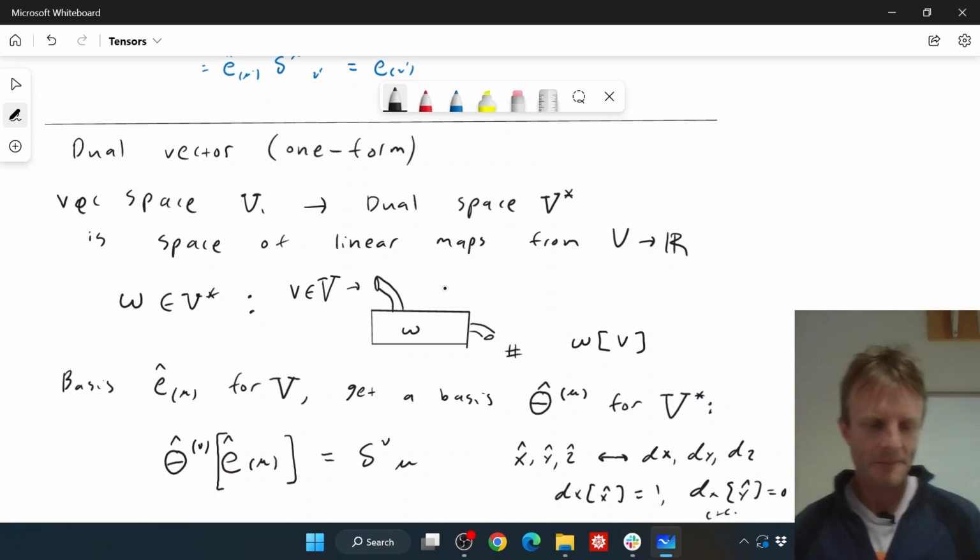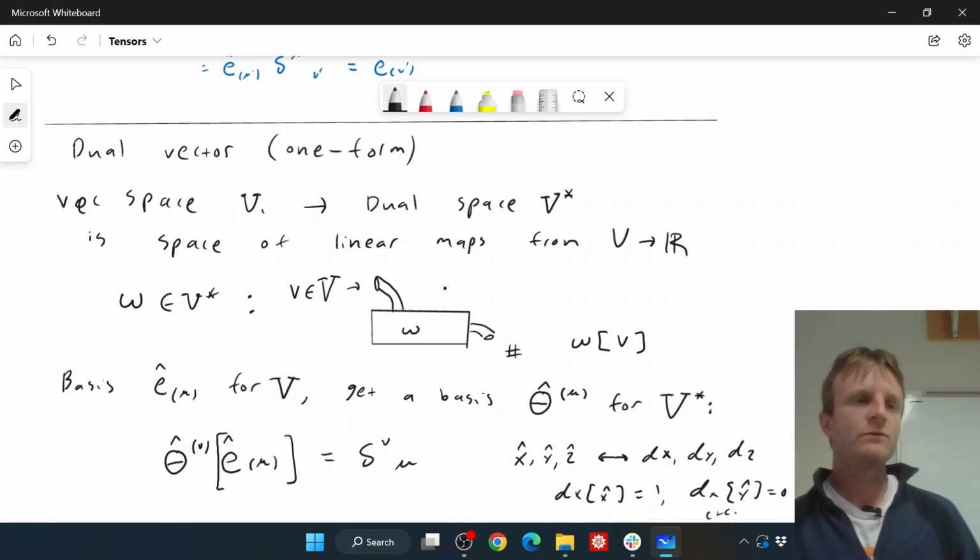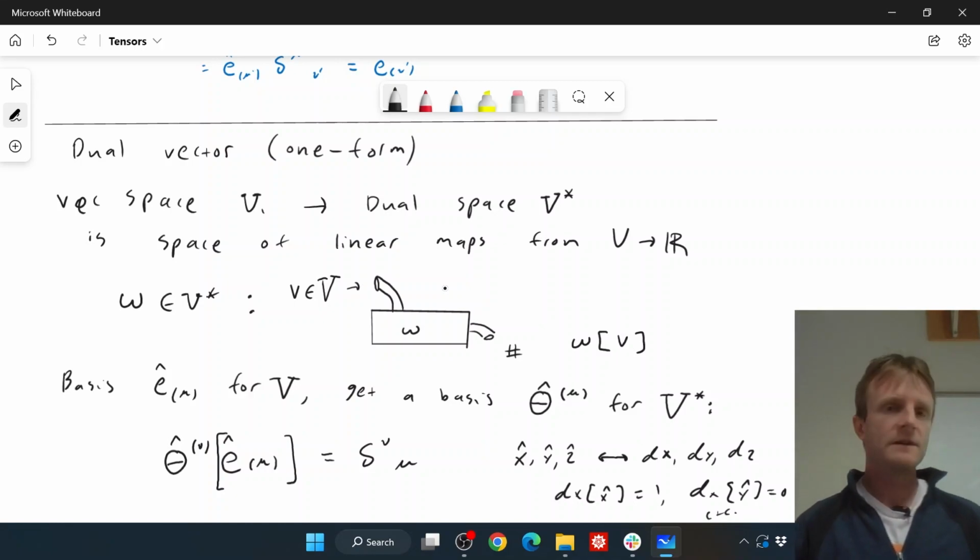Okay? And this notation dx is a very good notation. It agrees exactly with what you've called an infinitesimal displacement like in calculus. And we'll see that in a minute. So this dual vector is the mathematical construction that most nicely maps onto this notion of dx.